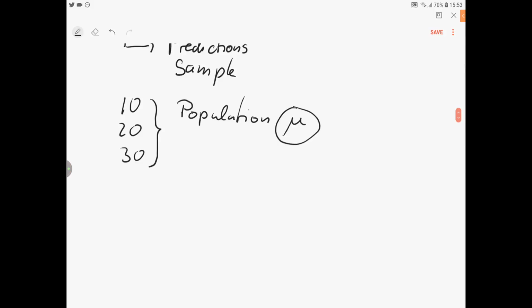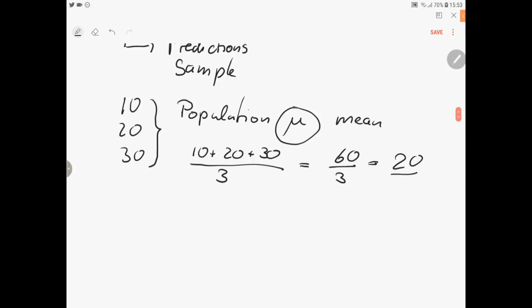And that indicates the population mean or average. And that's very easy. We just add them all together, 10 plus 20 plus 30, and divide by the number of observations. So we have 3. So that gives us 10 plus 20 is 30, plus 30 is 60, 60 divided by 3. So the population mean in this case would be 20.